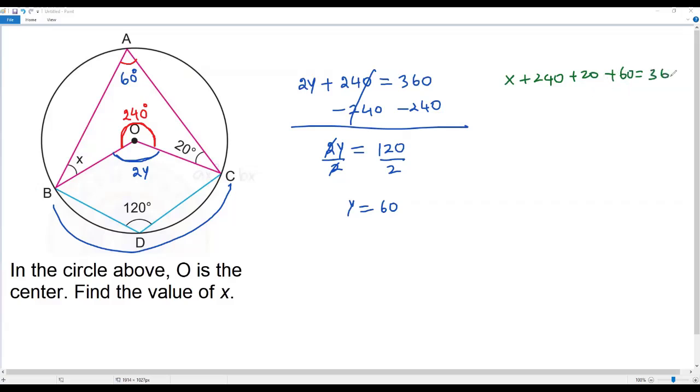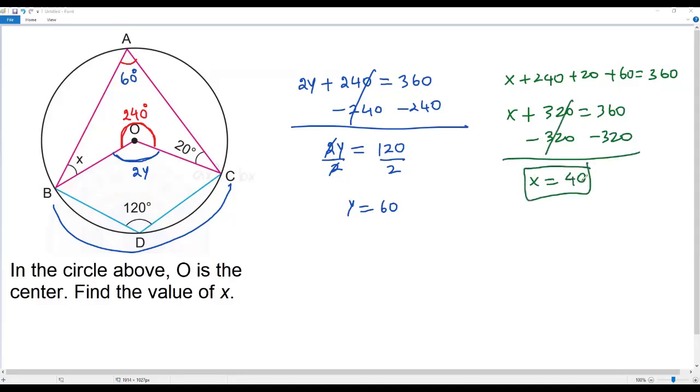So it must equal 360. Okay, x positive. When I combine 240, 60 and 20, I'm getting 320. So x plus 320 equals 360. Now to solve for x, I subtract 320 from both sides. When I subtract 320 from both sides, I'm getting x equals 40. So the value of x in the given circle is 40.